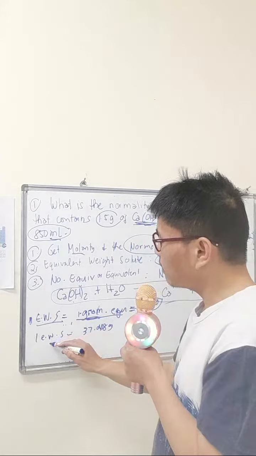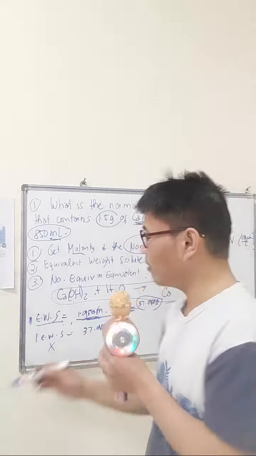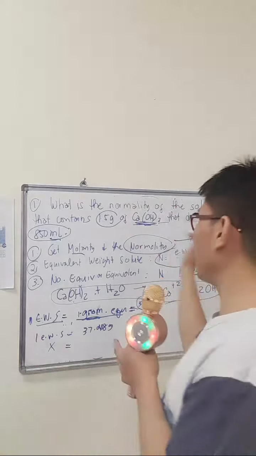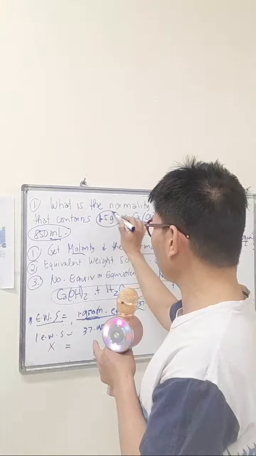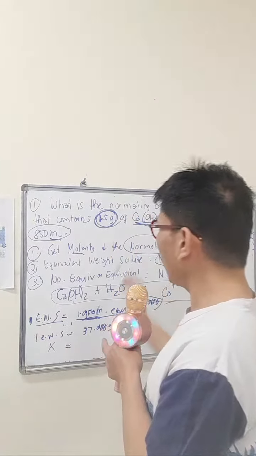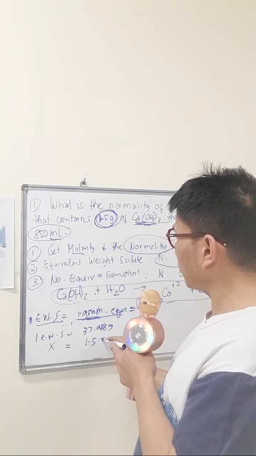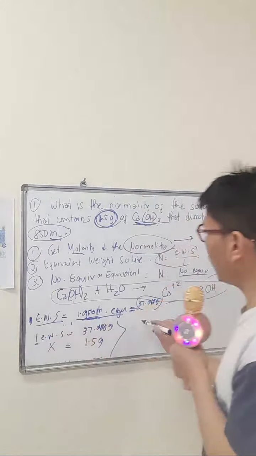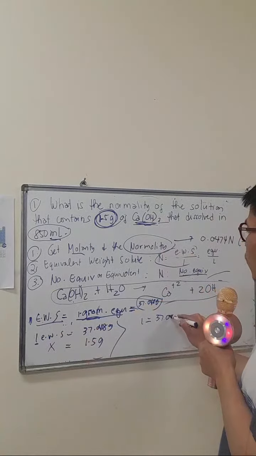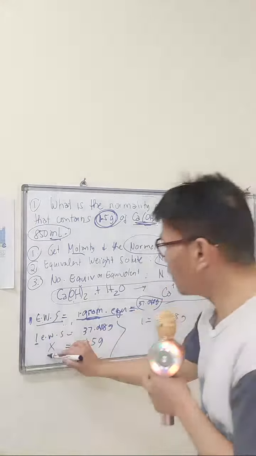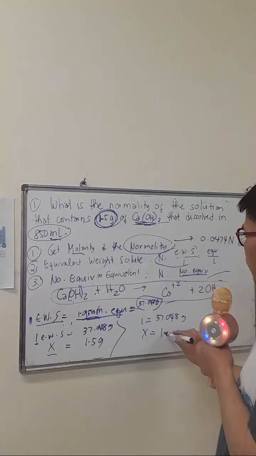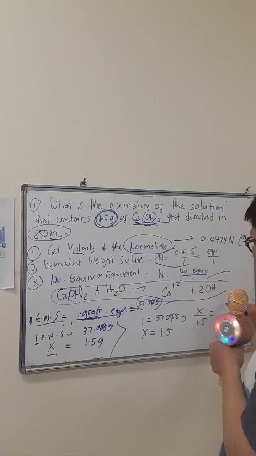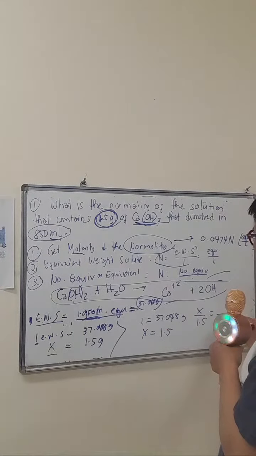So put X. We're doing math now, guys. X is equal to, sorry, this is 1.5 grams. Ratio and proportion: 1 equivalent weight is 37.048 grams. X is 1.5. Then X over 1.5 is equal to 1 over 37.048.